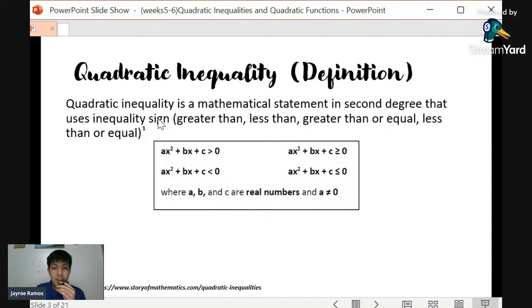Later on, i-review natin kung ano yung pagkakaiba-iba ng mga symbol na yan. Here in our box, ito po yung example ng quadratic inequality. For example, ax squared plus bx plus c is greater than 0. If you're going to read the first one, that is greater than 0.